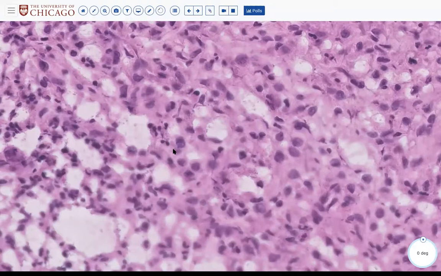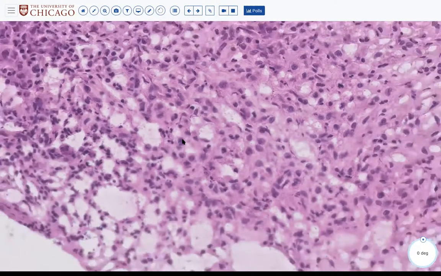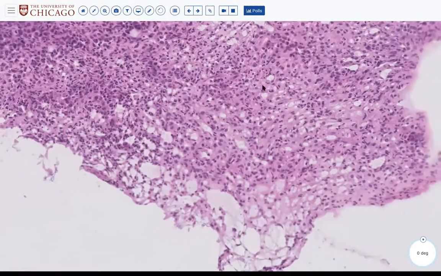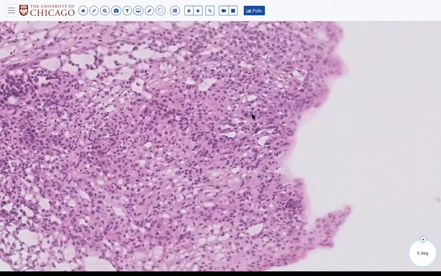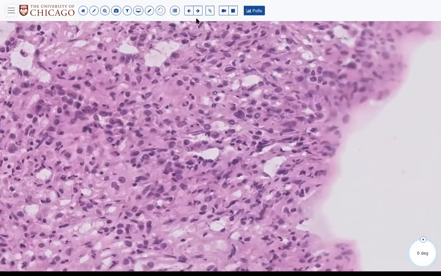Eosinophilic granuloma, Langerhans histiocytosis, should have some EOs in it, but sometimes it's got neutrophils or other inflammatory cells. The bilobed nature of the EOs might be visible occasionally if you look very hard. I think there's at least one in the middle of this field. So on frozen we were able to exclude that this was a small round blue cell tumor.